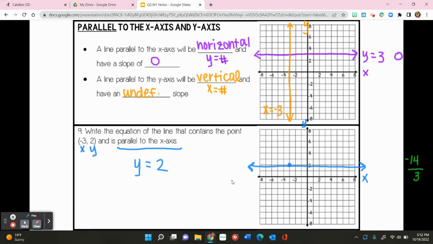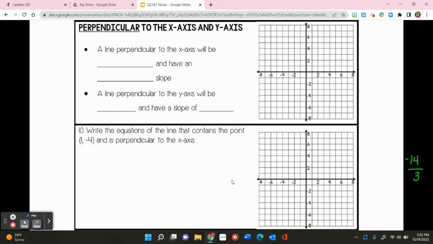Now let's go ahead and find lines that are perpendicular to the x and y axis. A line that is perpendicular to the x-axis will be vertical. If I have a line that is perpendicular to the x-axis and it's vertical, that means that the equation of the line will be x equals some number.